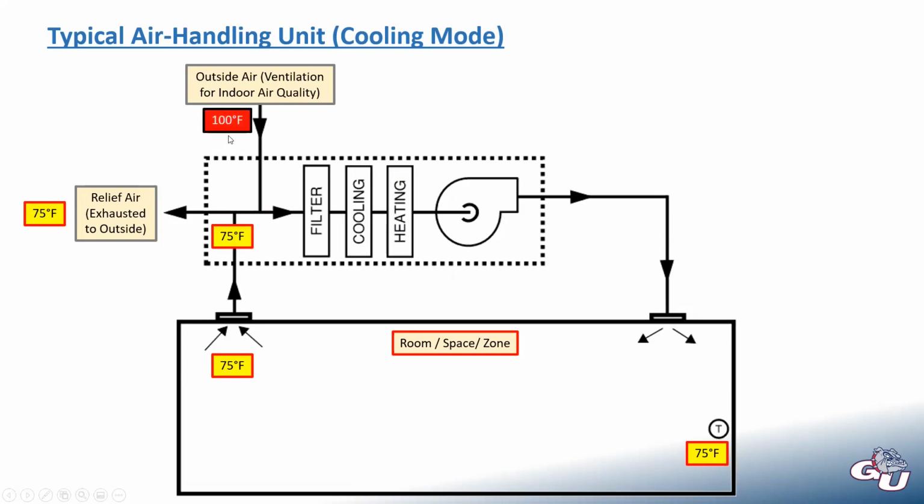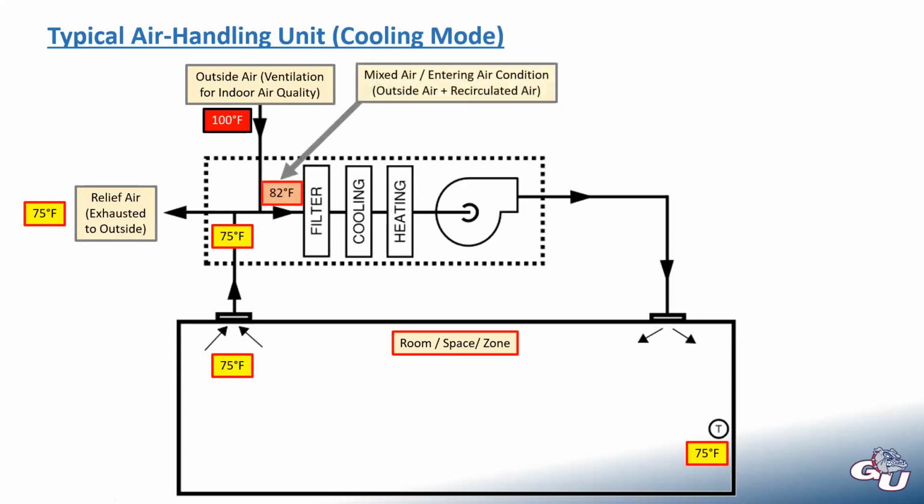And now we've got a screaming hot day in Spokane, 100 degrees Fahrenheit. But the same principles apply. We're going to mix this really hot air with our moderate temperature air, and our mixed air will be somewhere in the middle. So let's say that's coming in at 82 degrees for our mixed air, or entering air condition.